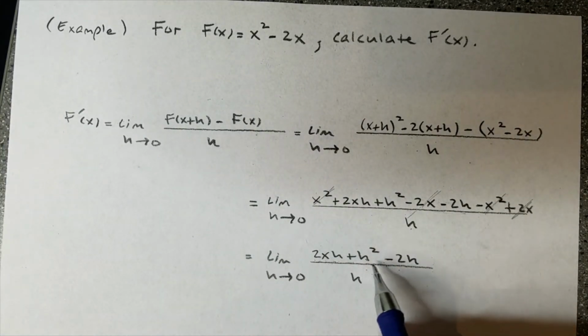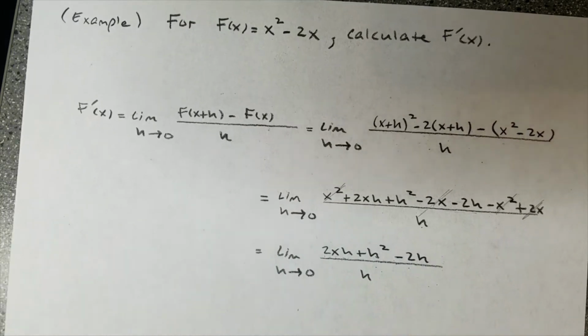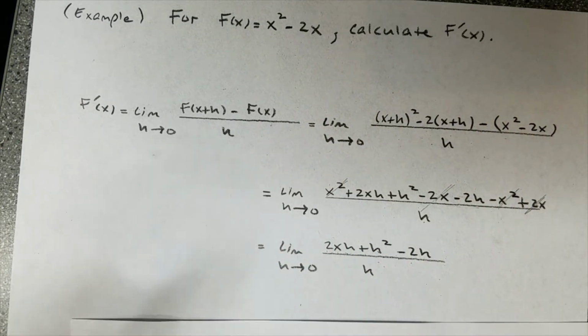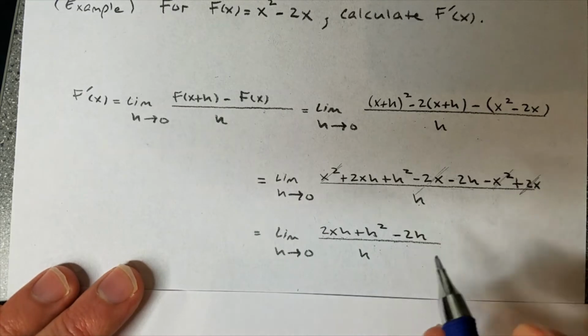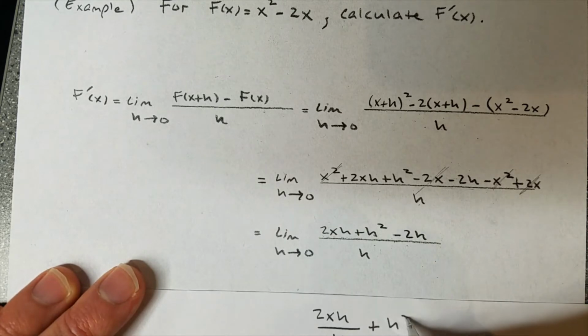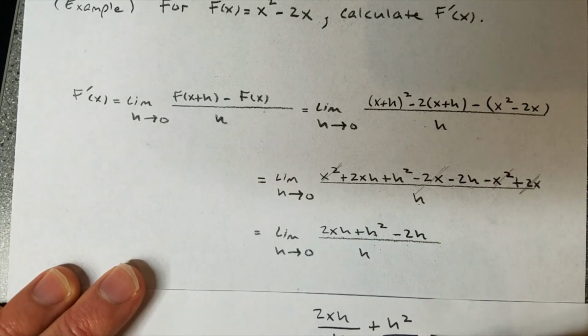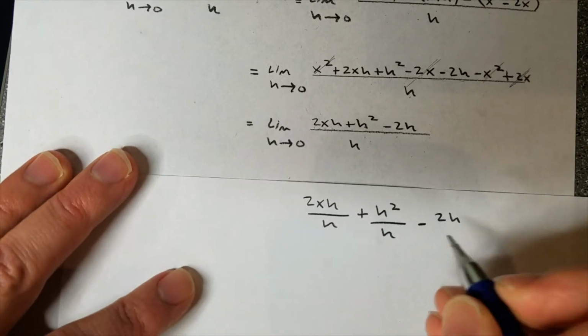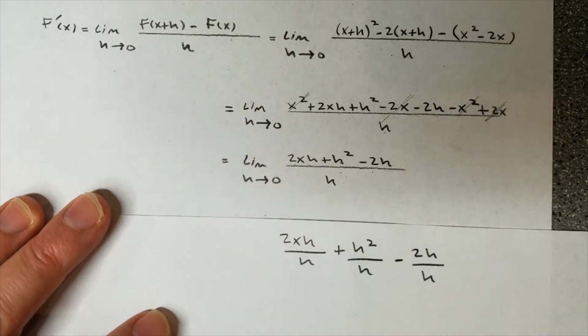I could see that everything there gets divided by h. In other words, for the sake of reducing this a little bit more, you could see it this way: 2xh over h plus h squared over h minus 2h over h.